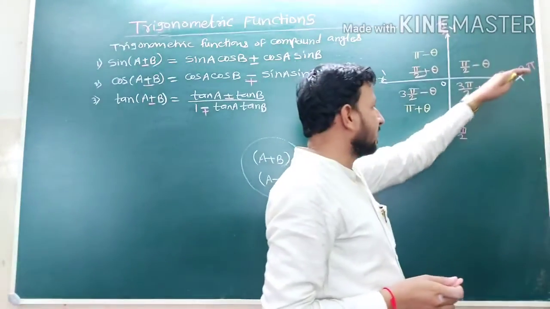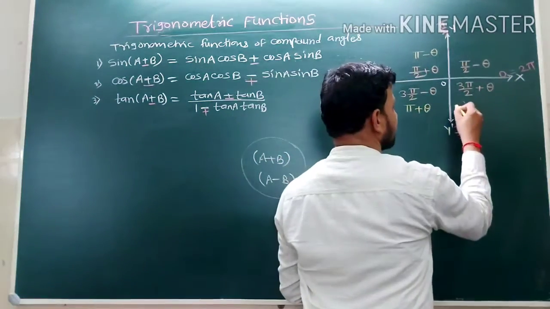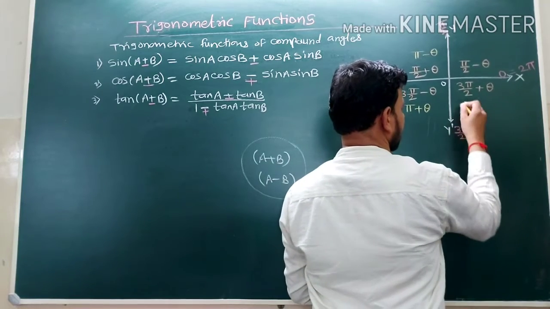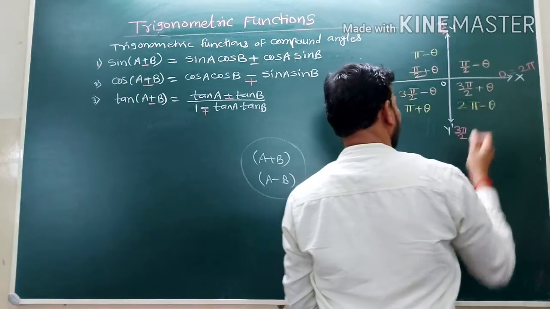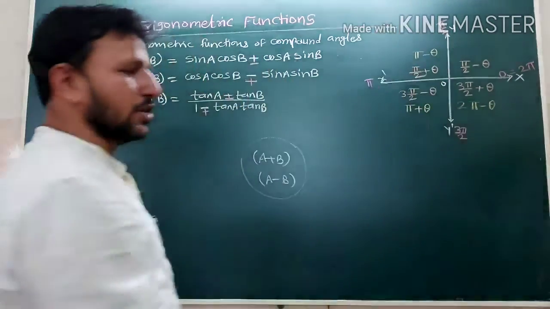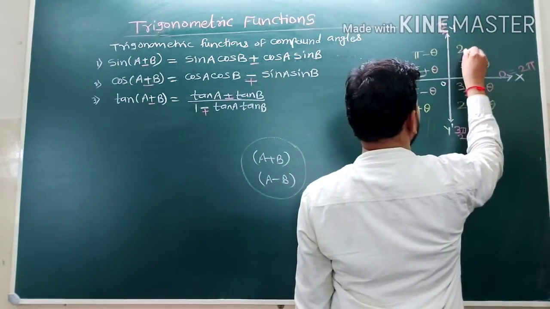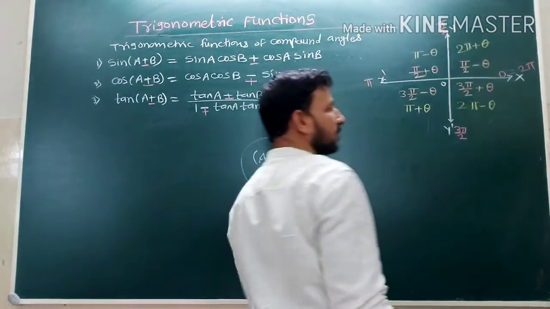Or it is less than one rotation, so the alternative is expressed as 2 pi minus theta. And after one complete rotation, an angle for the first quadrant will be more than 2 pi, that is also expressed as 2 pi plus theta.